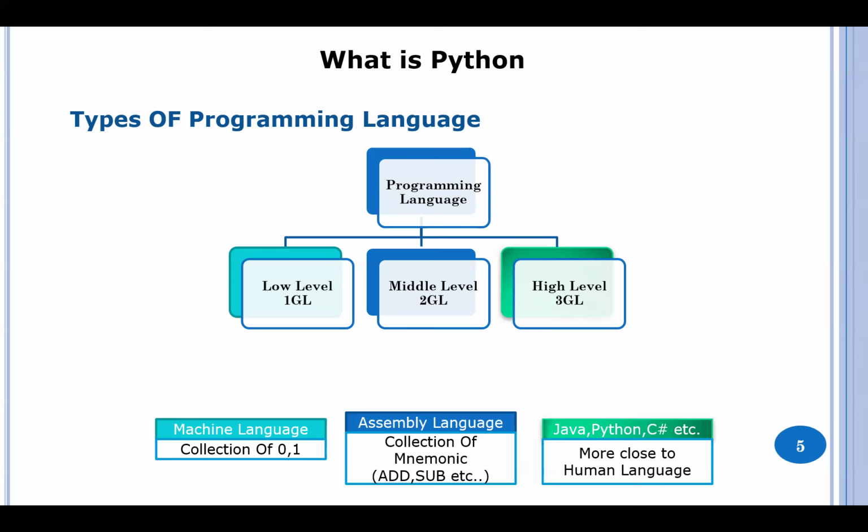If someone asks you which programming language people used in the first generation, the answer is machine language, correct? And this consists only of 0 and 1. That machine language comes under the low level language.